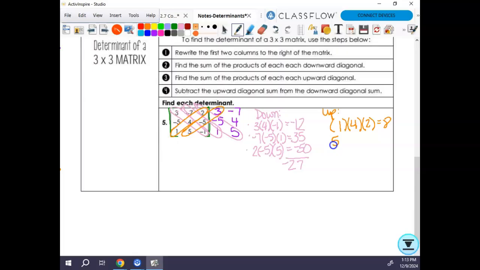And then this is 5 times -5 times 3. I'd say -75 there. And then this, -1 times -5 times -7. I'm going to go with -35. So -102.